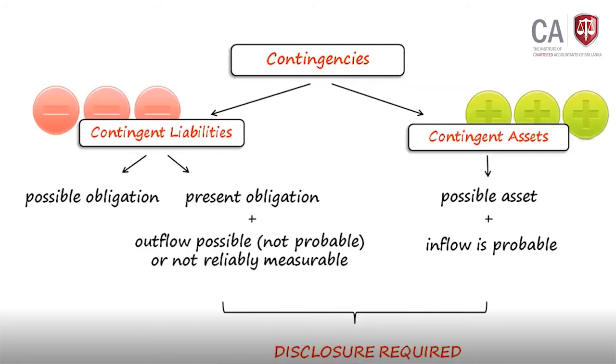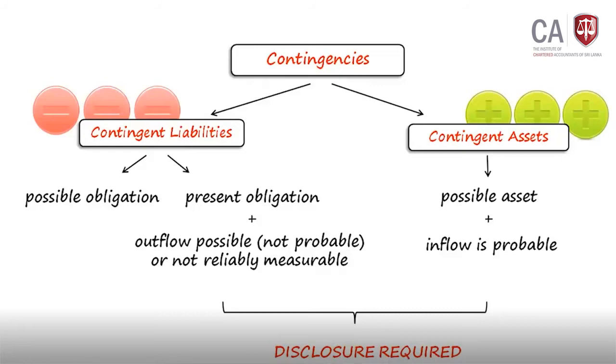Therefore, for both contingent liabilities and contingent assets, no provisions will be recognized, nothing will be recognized in the books, but only disclosures will be done. In short, contingent liabilities will not be recognized. Why? It's not a probable obligation, it's a possible obligation, and the amount cannot be measured reliably, as well as the outflow is not probable. Therefore, disclosures only.